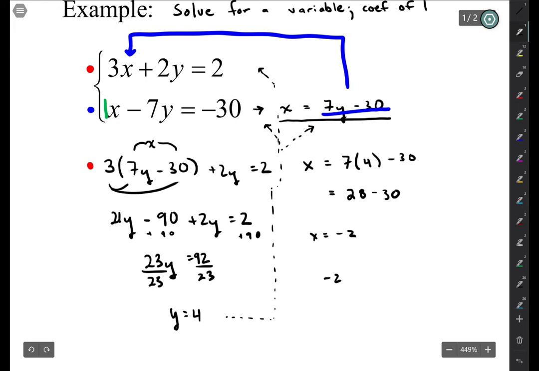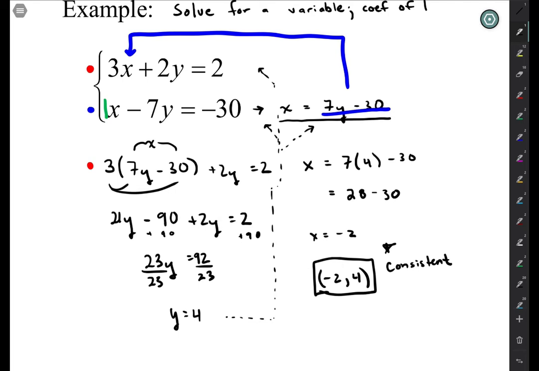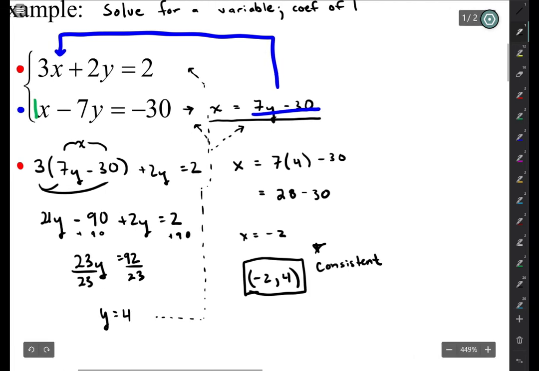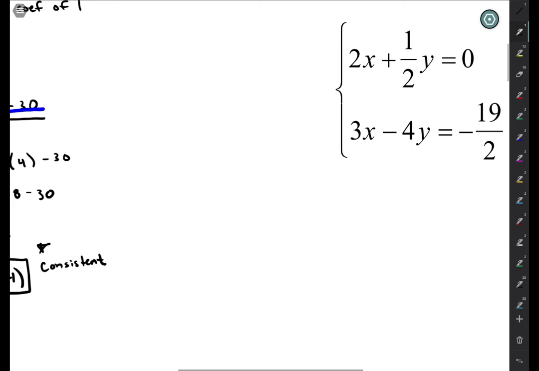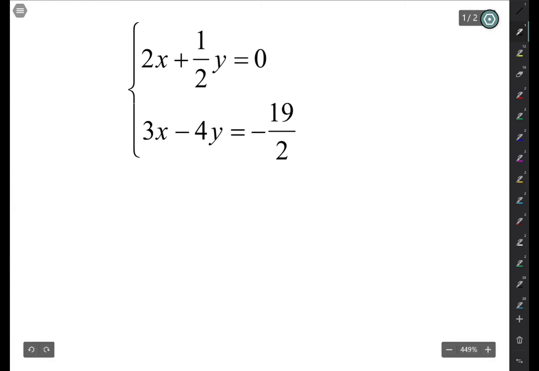So that's the substitution method, hopefully you recall doing that in the past. Remember again, that would be an example of a consistent system.